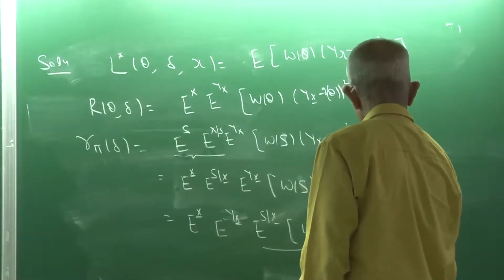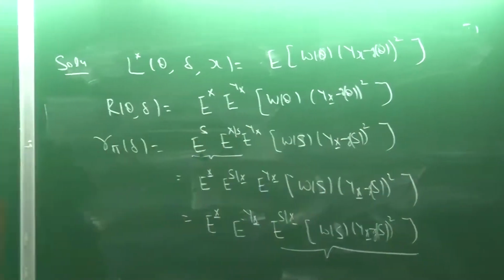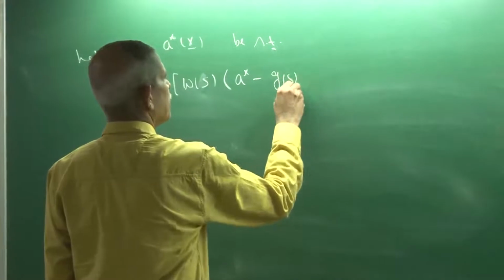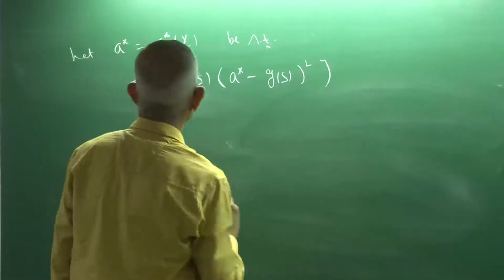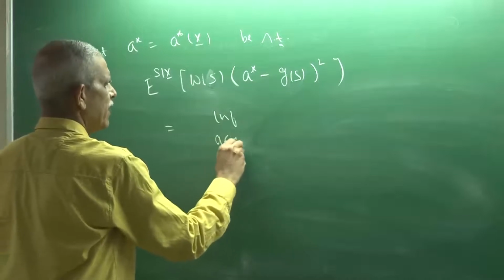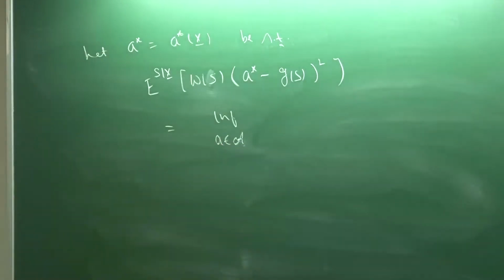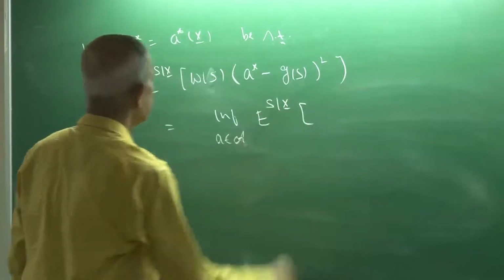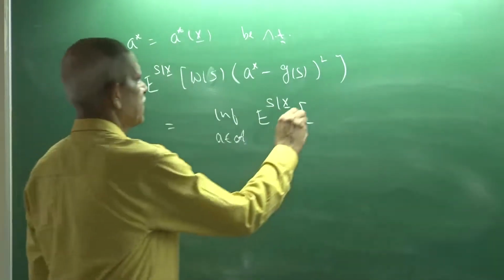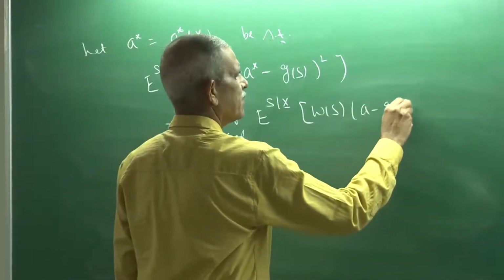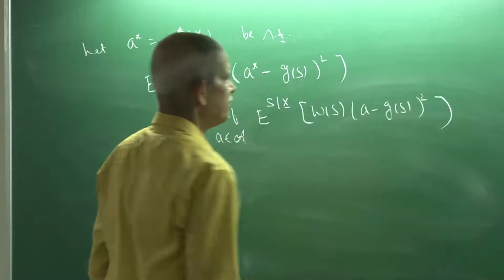So g of s minus g of s whole square is the same as infimum over a belonging to A of the expected value of s given x of ws into a minus gs whole square.